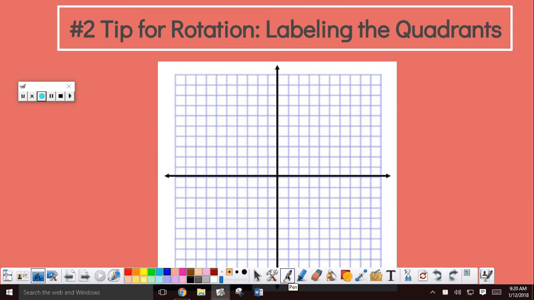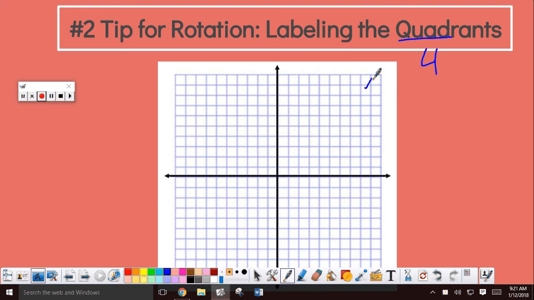Now let's talk about our coordinate grid. If we're going to talk about our coordinate grid, we need to make sure that we know where the pieces go. We're going to talk about quadrants. What does the word quad mean? Quad means 4. So as you can see, there are 4 pieces to our quadrant here, just like on your graph on your paper. So on the graph, we are going to label it 1, 2, 3, and 4. Where do we start? Can you remember?